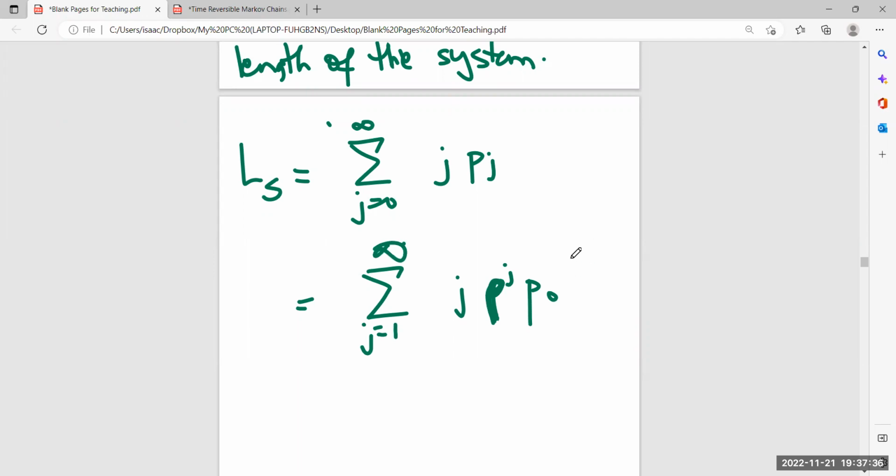Now j equal to 0 will disappear, right? Because when you have 0 here, this term is 0. So we can start the series at 1.